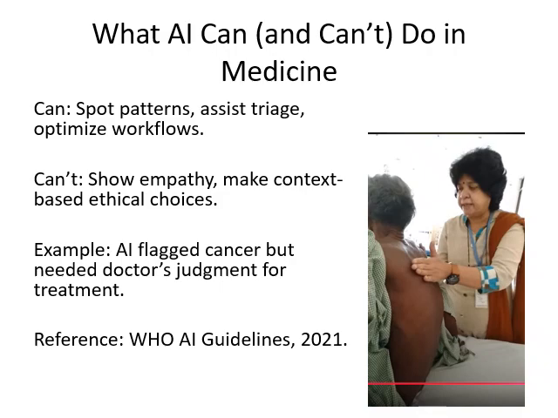It can spot patterns, assist triage, look at multiple factors like your age, BMI, a whole lot of things to predict surgical site infections, but it cannot show empathy and make context based ethical choices. Now, suppose AI has flagged cancer, but still you need the doctor's judgment for treatment. That, like as I told you, in the diabetic retinopathy.